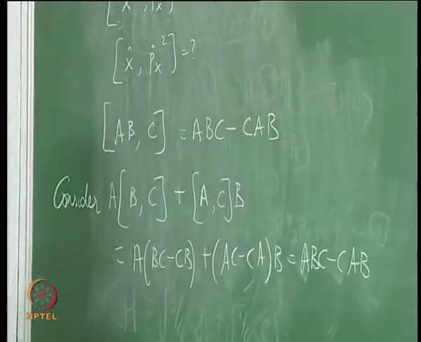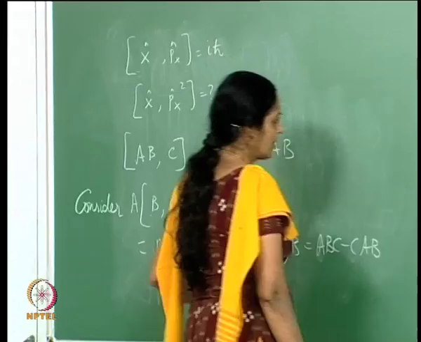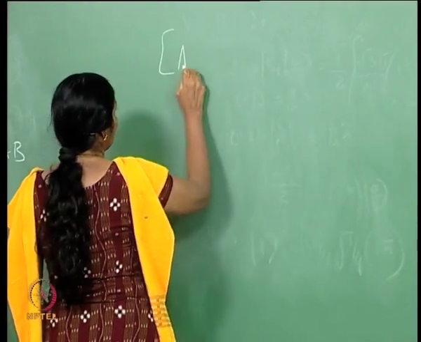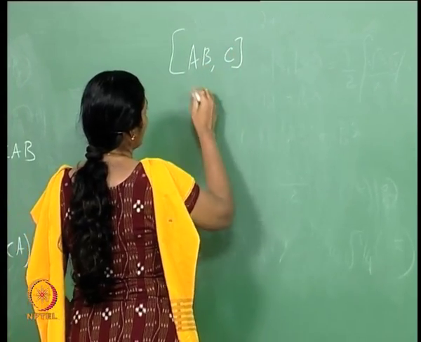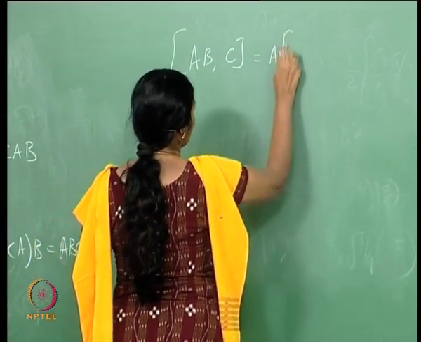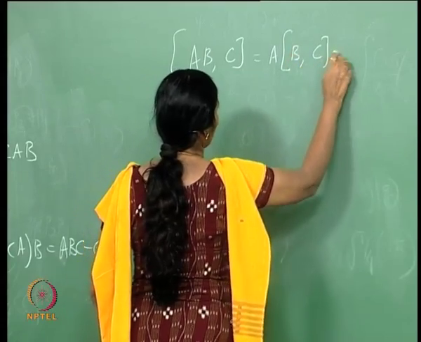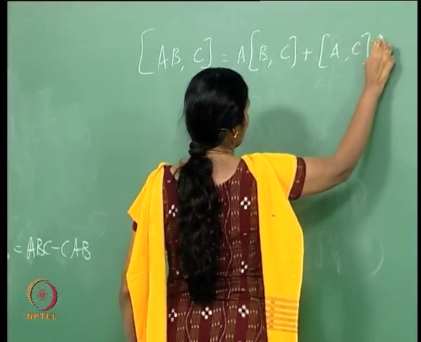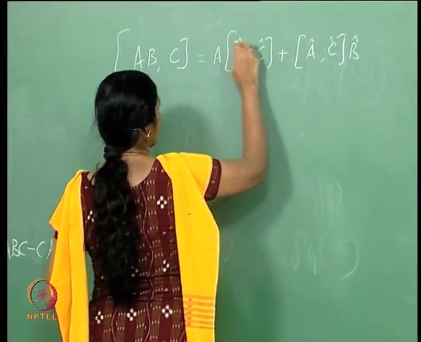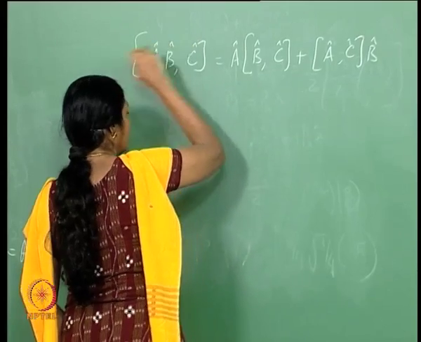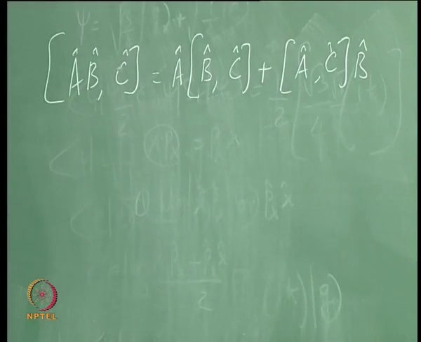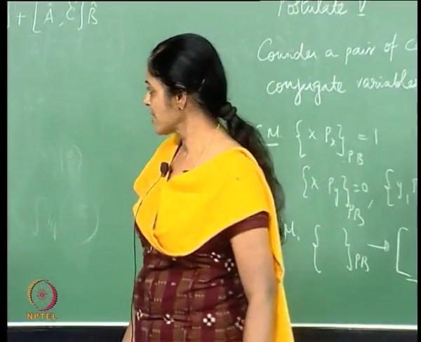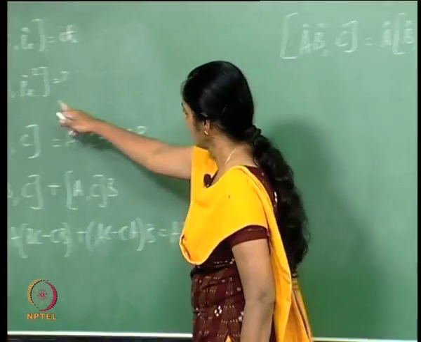I have explicitly demonstrated by doing this that if I have to find the commutator of AB with C, that is the same as this object, all these being operators. Normally called the ABC rule and very useful for most calculations. In particular, I am going to use it here.